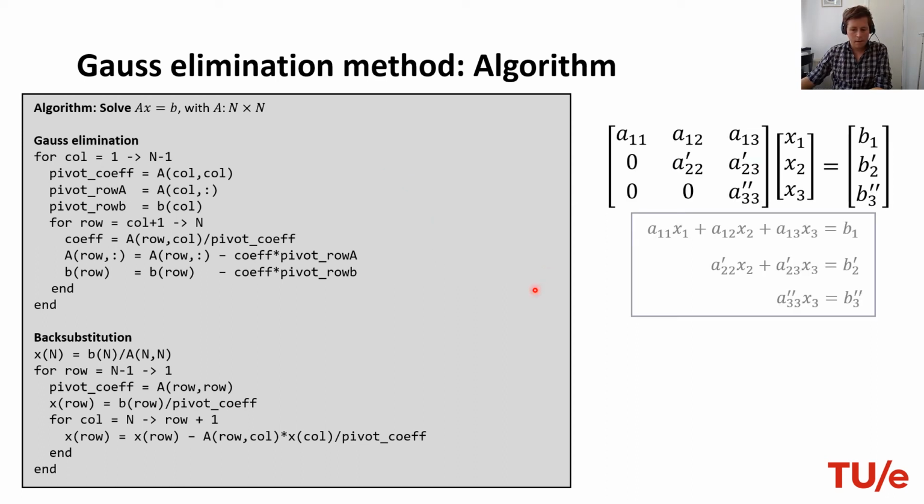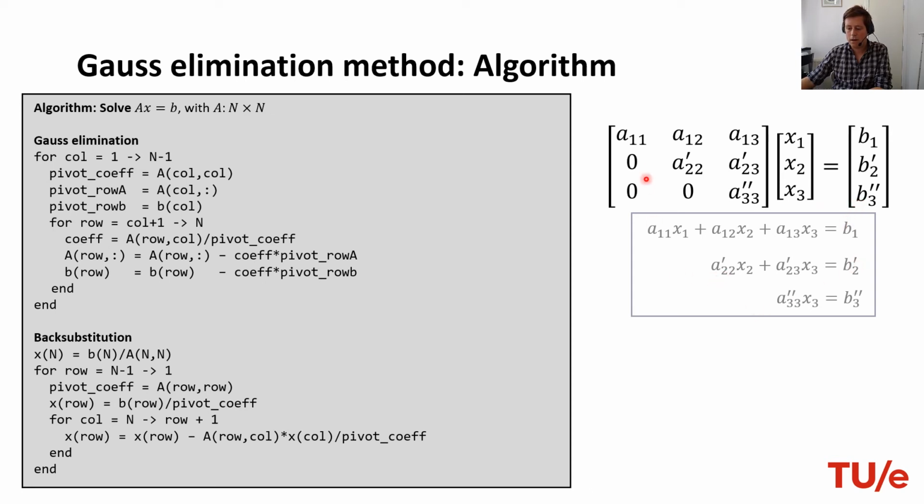Okay, so we finished converting our system into an upper triangular form. So we have completed this entire loop. So we started from column equal to 1, column equal to 2, and 2 is equal to n minus 1, so we're done. And we see that indeed there is an upper triangular form in our matrix system.